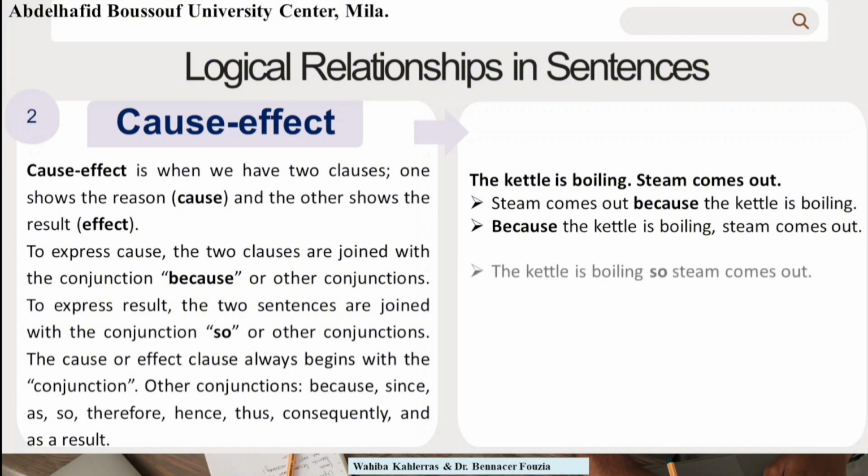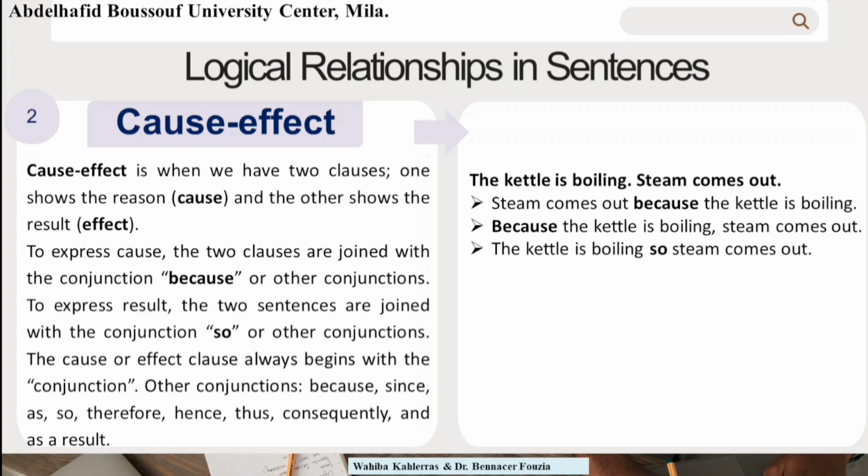Let's express the same sentence in a result form or effect form. I say the kettle is boiling, so steam comes out. Here we have the same two independent sentences, but we join them to express result and not cause, and we used so.